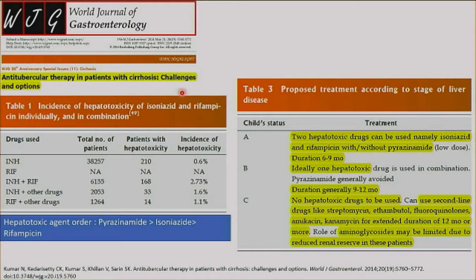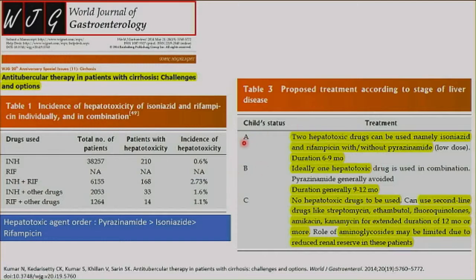And we can see there is a paper in 2014 by Kumar, and for the cirrhotic patient they proposed an approach by Child-Pugh A, B, C. For Child-Pugh A, if we want to use anti-tuberculosis drugs, we can still use two hepatotoxic drugs, for example isoniazid and rifampicin, but without pyrazinamide, with maybe a low dose and a duration of 6 until 9 months.